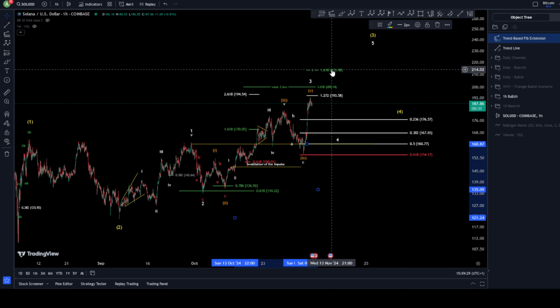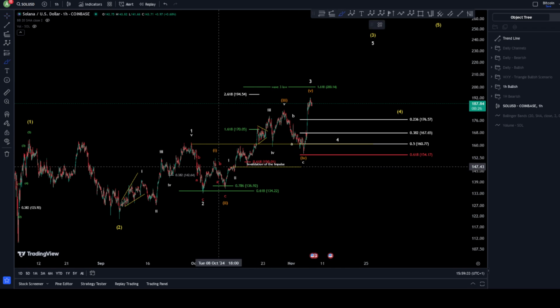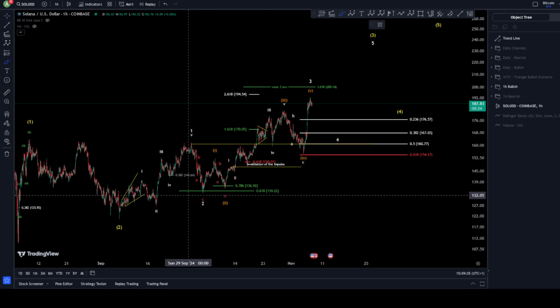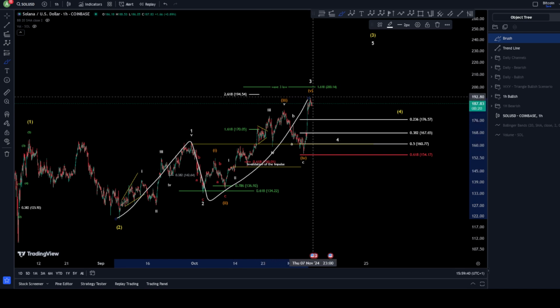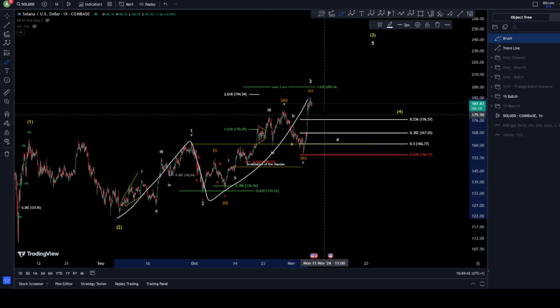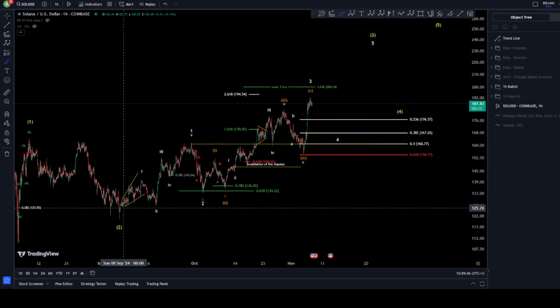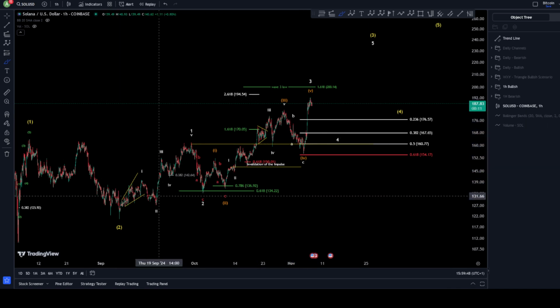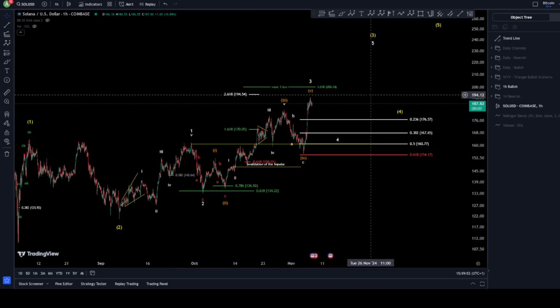So that is a very shallow wave 3, and that gives us, of course, an indication that this is not a contracting diagonal, because my friends, we have hit the 1-to-1 fib level. This wave is longer than this wave, therefore it cannot work as a contracting diagonal, and therefore this is an impulse.